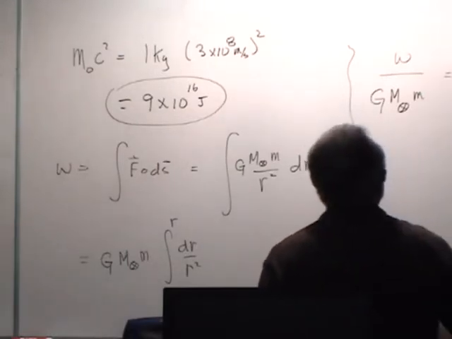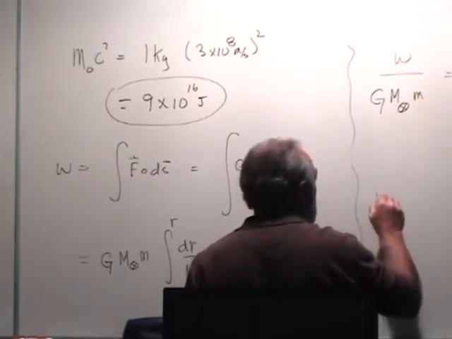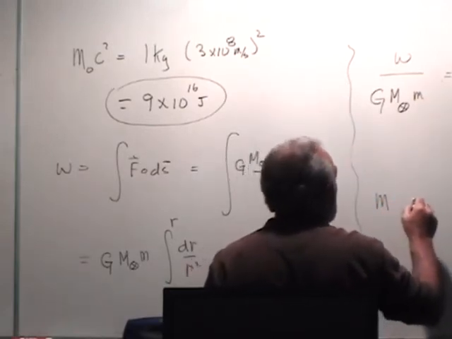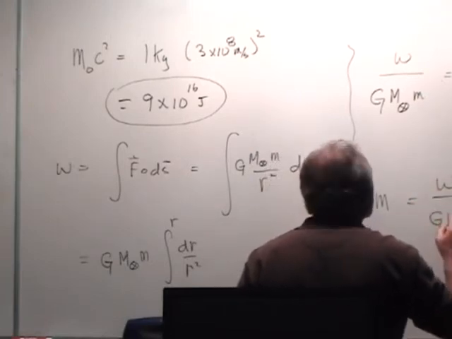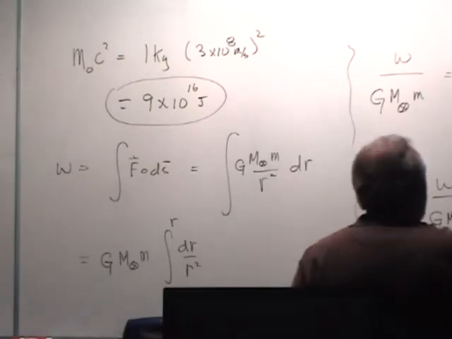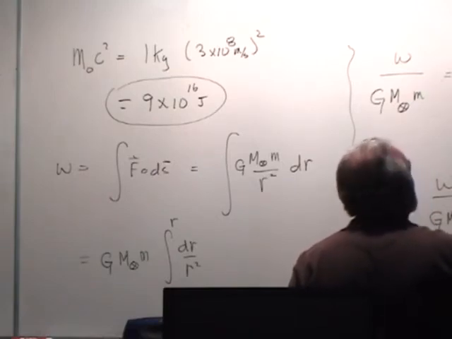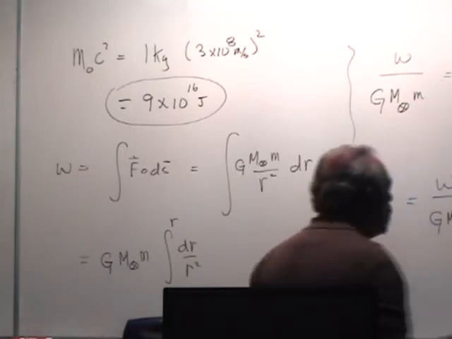So when we're done, really, the unknown mass goes here and the integral goes down there. So the unknown mass that we are lifting is equal to the work that we do divided by the universal gravitational constant, the mass of the Earth, and the integral from 0 to the radius of the moon's orbit of dr over R squared, which of course is simple.